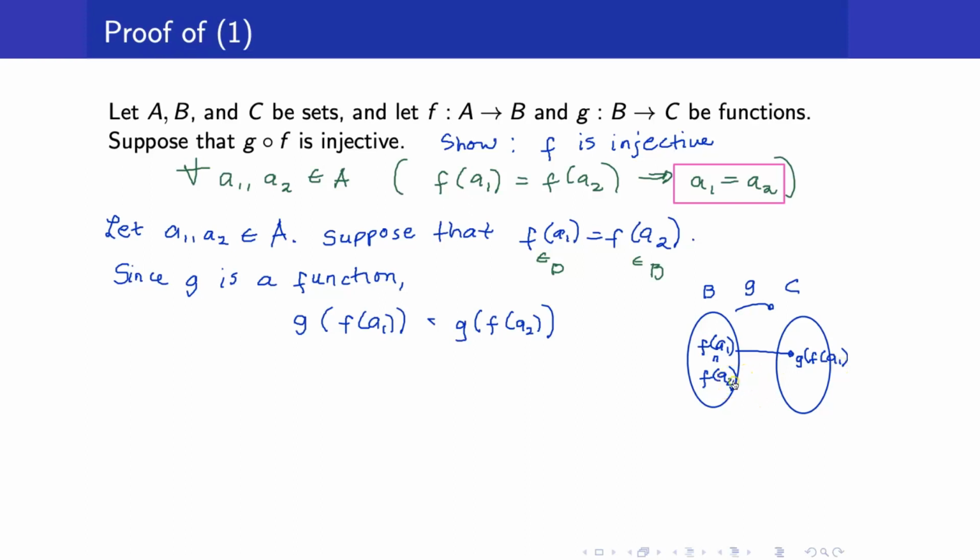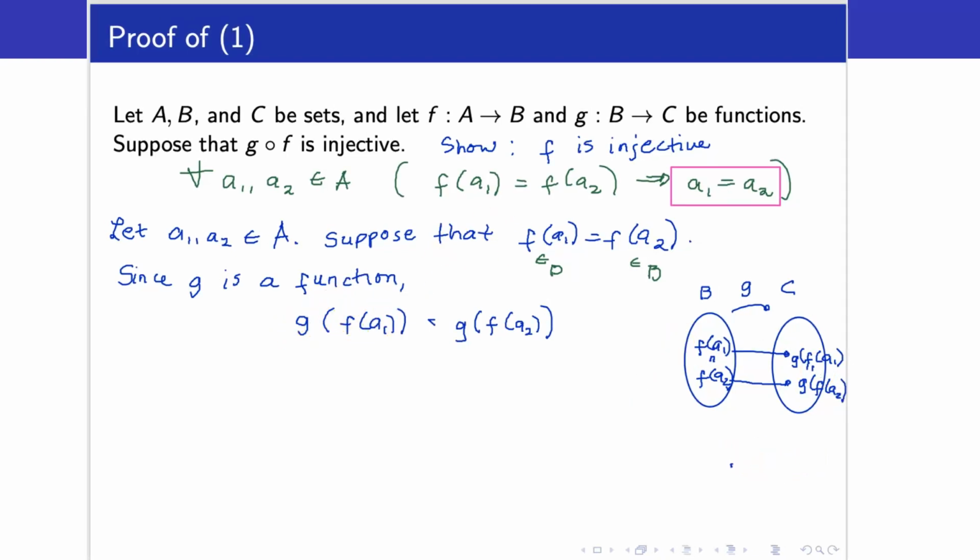And this one will also go to g of f of a2. And they must be the same, right? Otherwise, if these two are different, then that would mean that we have a configuration like this, which is not possible for a function. This will mean that we have a one-to-many relation.